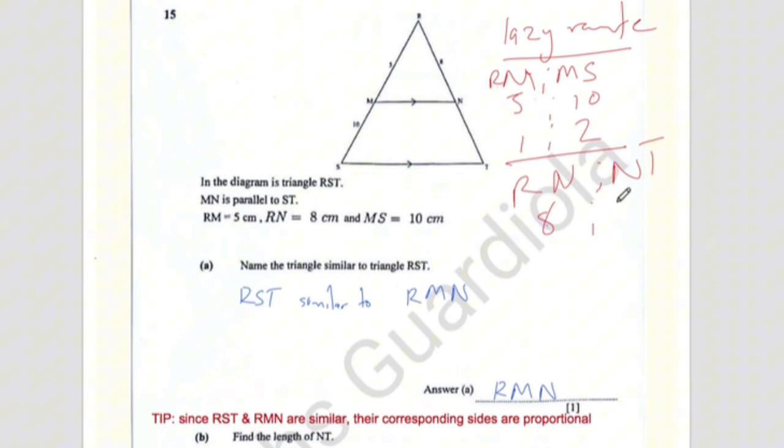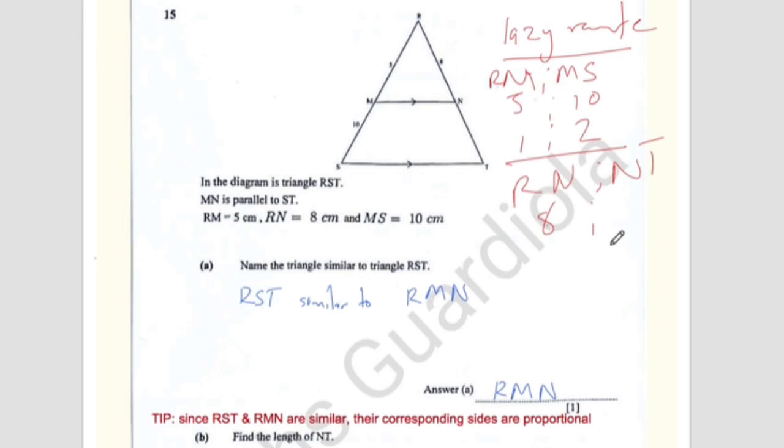So since it is already 8:x, we simply multiply RN times 2, or we can use an equation if you want to go the long way, of course. We can just construct an equation like we did last time. RM over MS is equal to RN over NT.